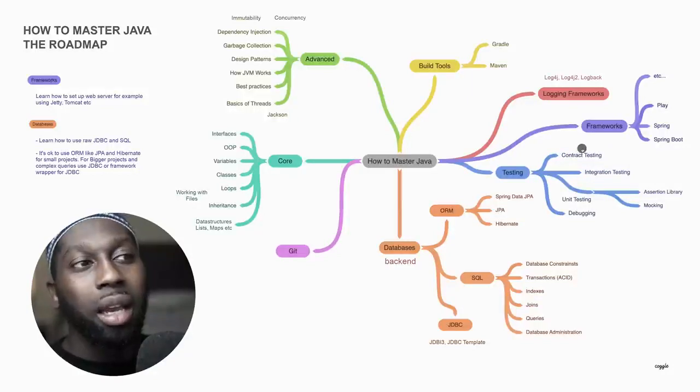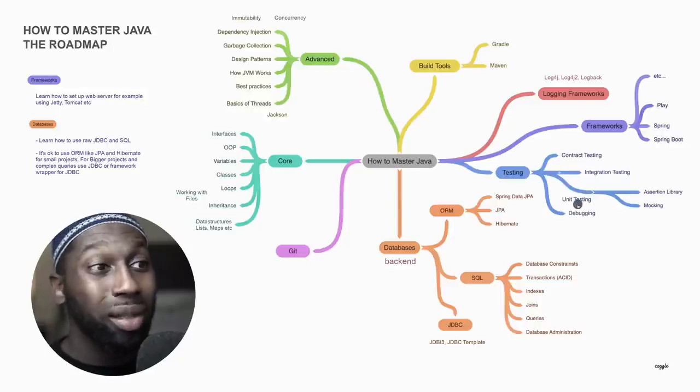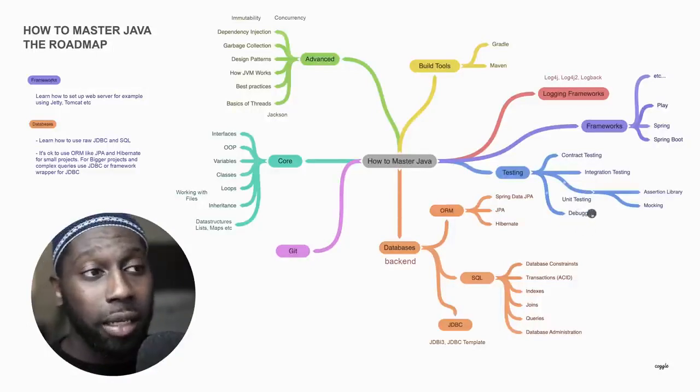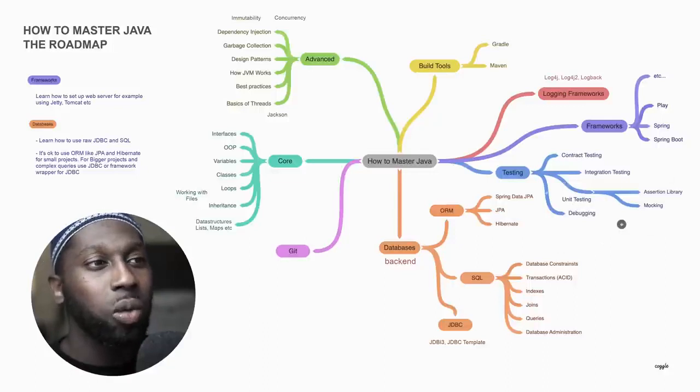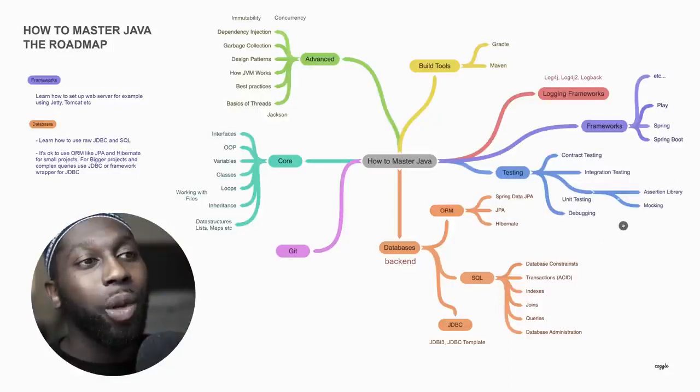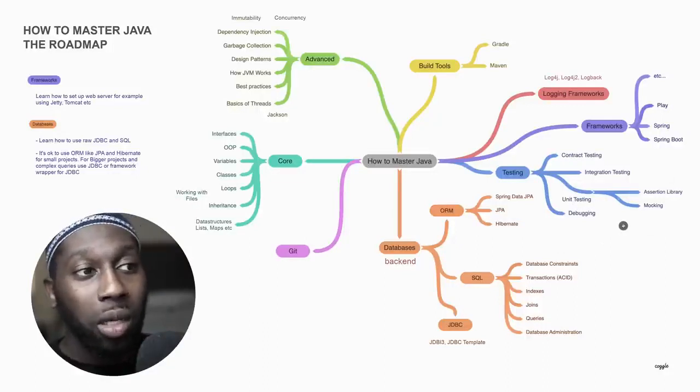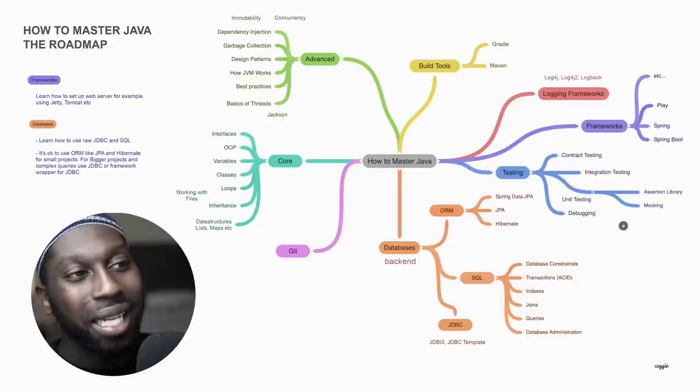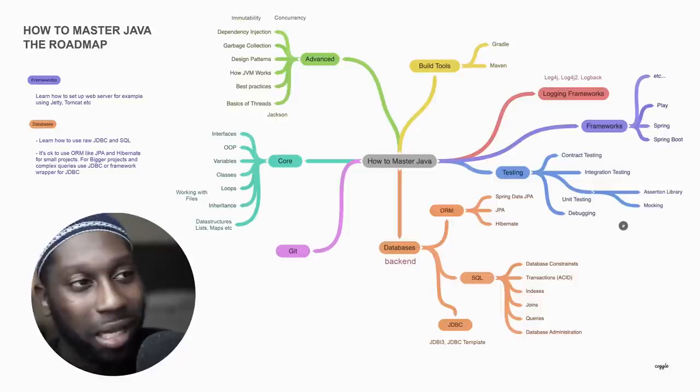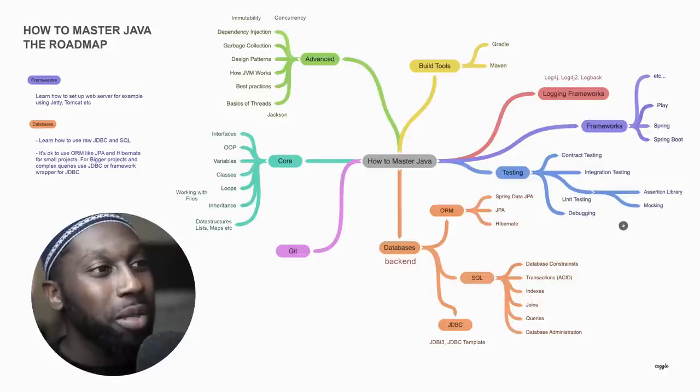But as you start, focus more on integration testing, unit testing, and debugging. These are skills really important to help you write solid software. Basically, testing is here to help you write better software. That's really the purpose of testing.